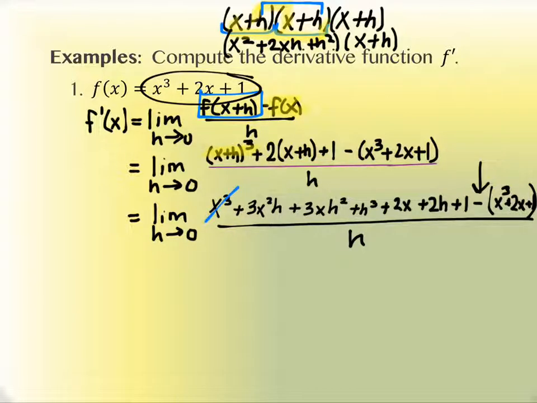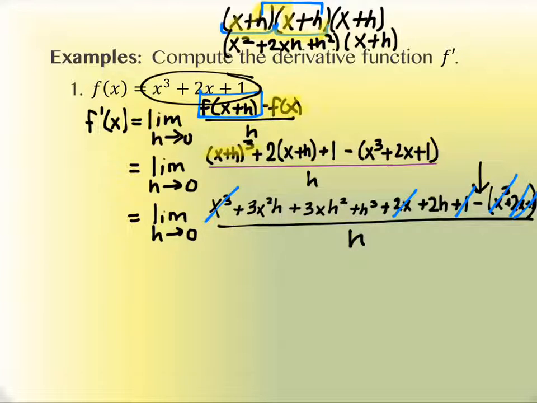Yes, right here and right here, those add to 0. Do you see the corresponding 2x in both sets? Yes. This one and this one add to 0. And do you see the corresponding 1 in both sets? Here, and those add to 0.